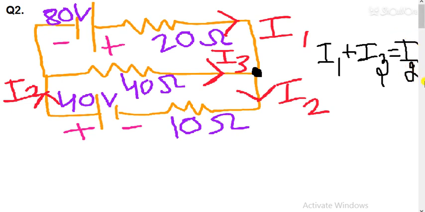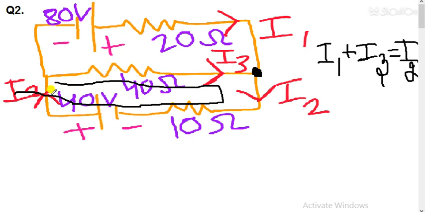Students, in the previous question, this equation was not required because there was only one loop. When there are more than two loops, like here where you can see 3 loops are possible. One is starting from here, moving in this direction, and coming back in this way. This is the first loop. Or you can say, starting from here, moving in this direction, then down, then in this direction, then coming back.